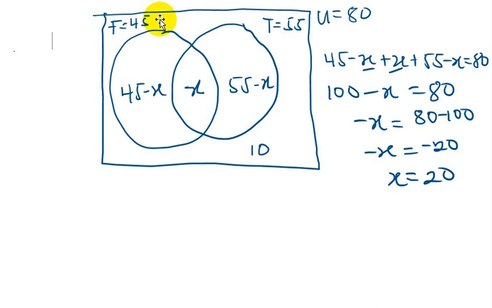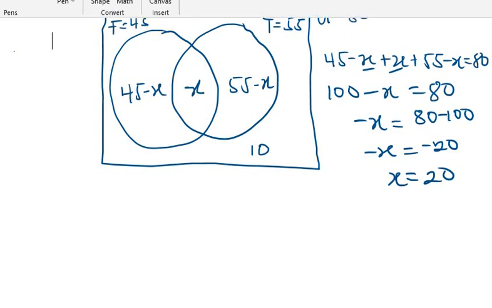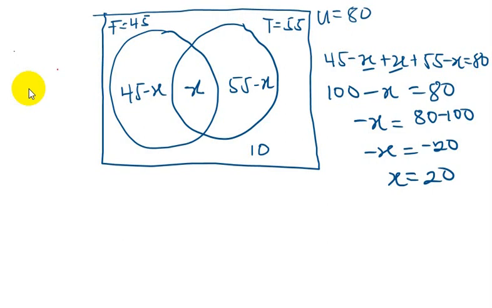Now let's come to the sub question. The questions under this very question. It says that find the probability that a man selected at random from this group play tennis but not football. Plays tennis but not football. Now from the diagram we have, okay, those here play football only.